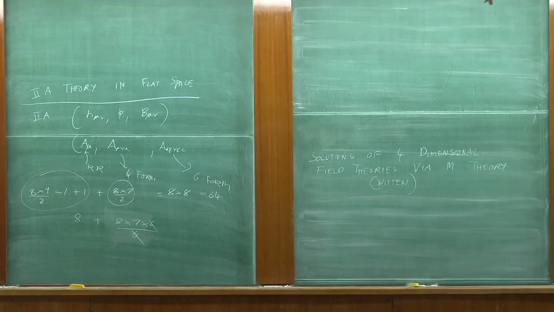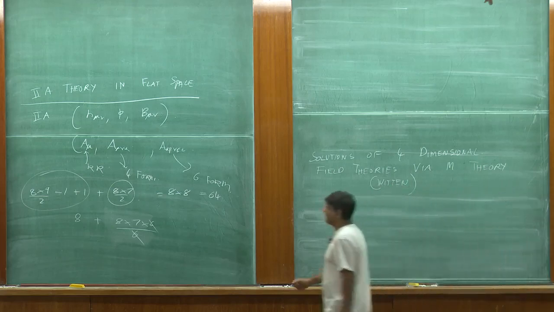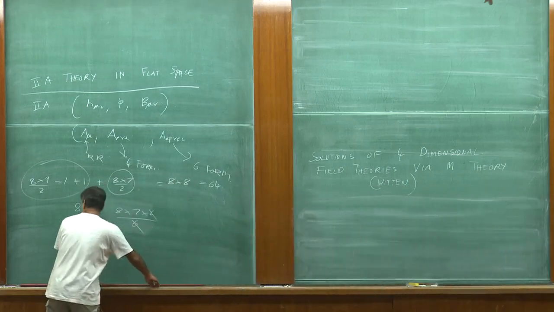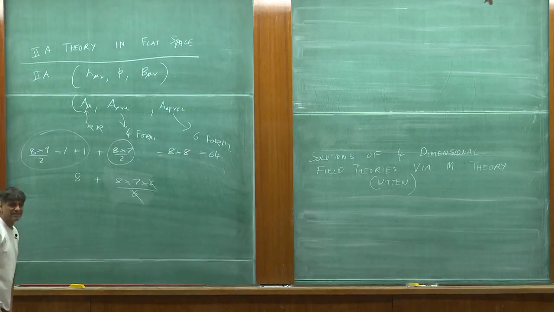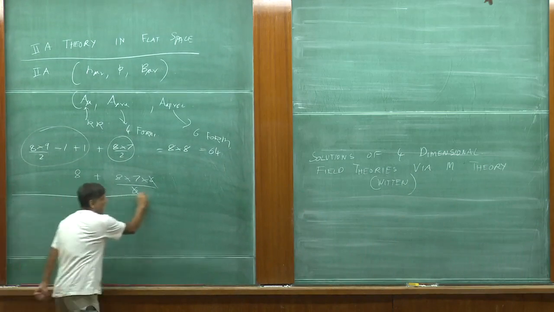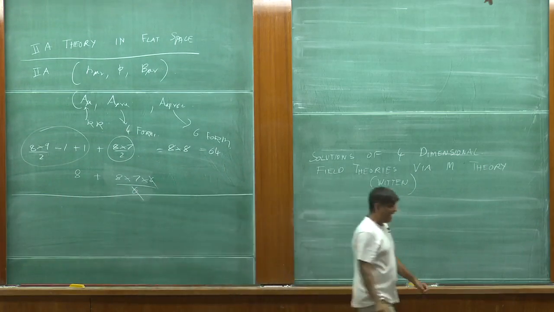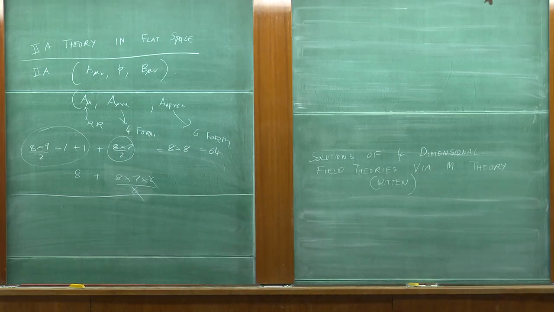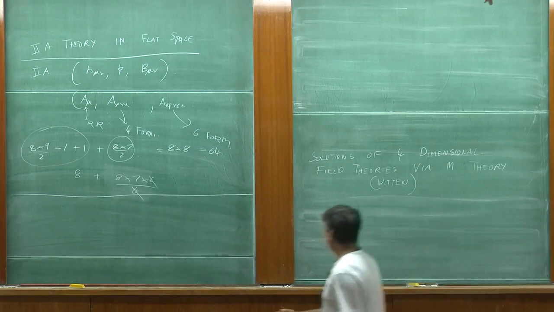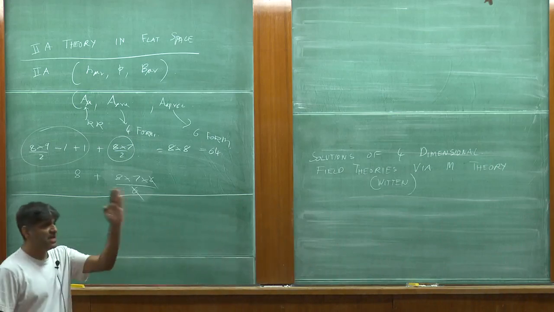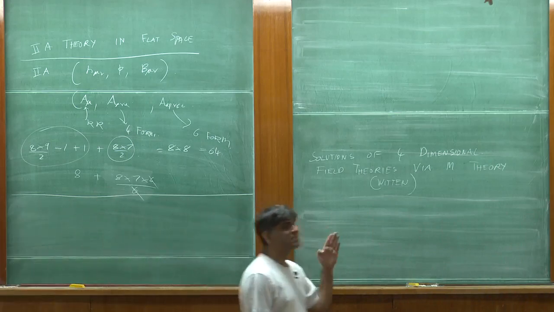Okay, great. Now, there are 2-3 things that I wanted to tell you about before we start our discussion of this paper. And the first thing I wanted to tell you about is the branes of these theories. All of these fields have supersymmetric BPS branes to which they couple.